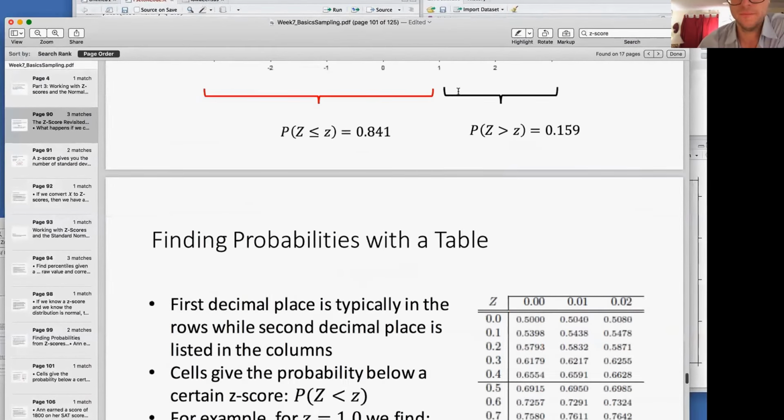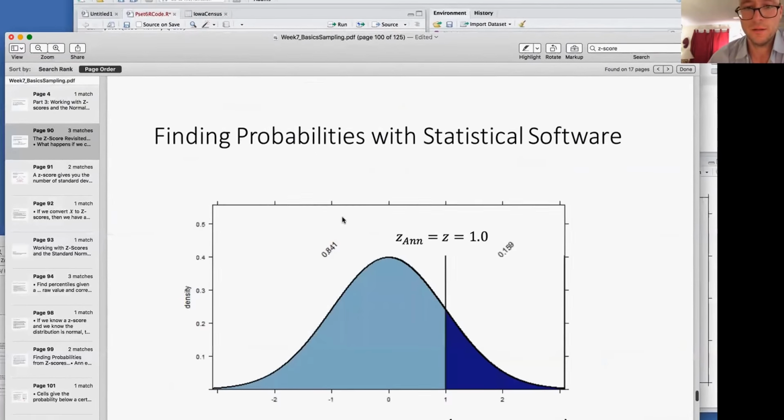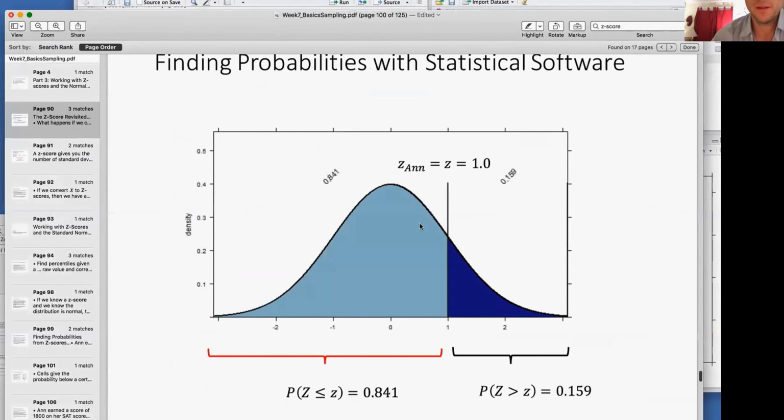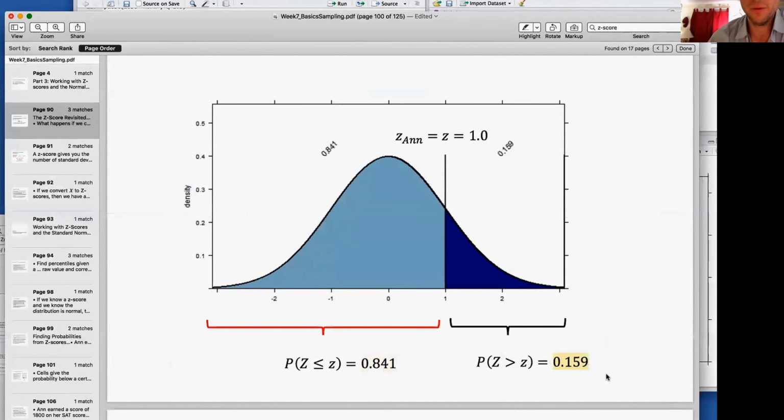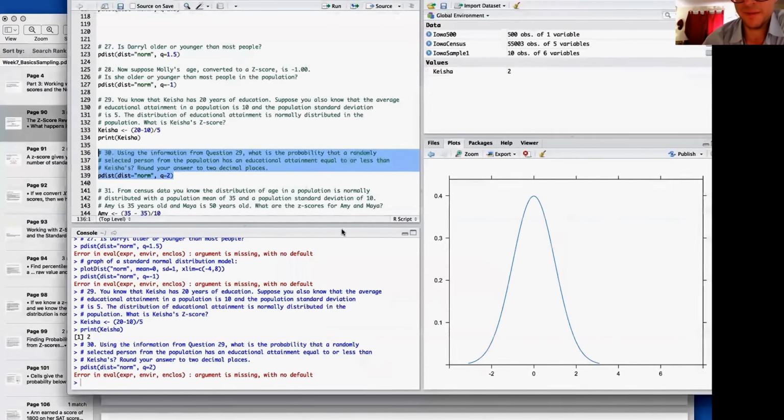Now, if you notice, the probability of and below the critical points is always going to equal 1. That's because it's the sample space.